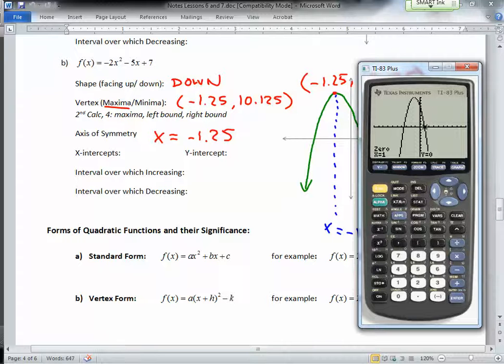Sam, which function did I use to calculate the y-intercept? Second calc. One value. Good. And what should I put in for my x value at the y-intercept? 0. Good. I put in a 0 for my x value, and it tells me that my y-intercept is going to be a 7.